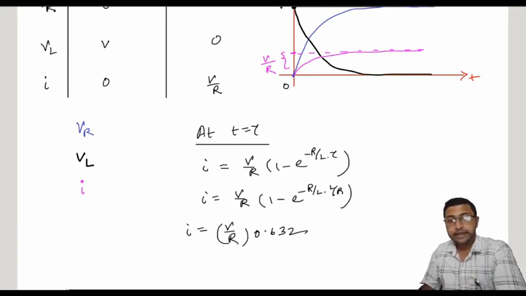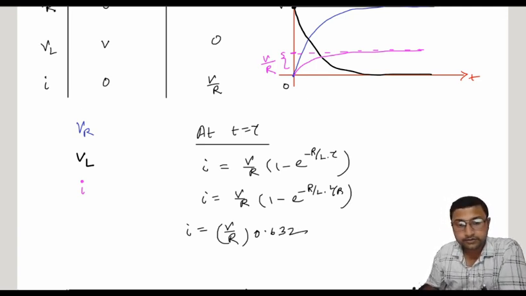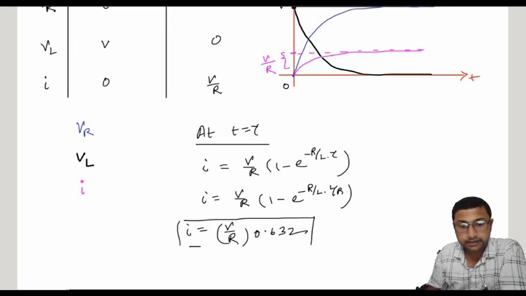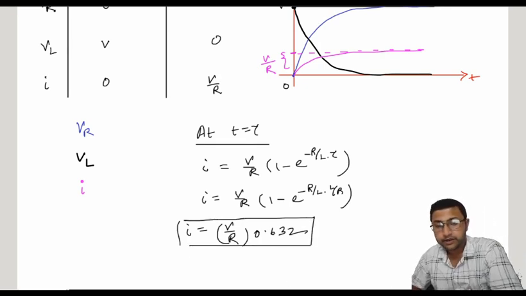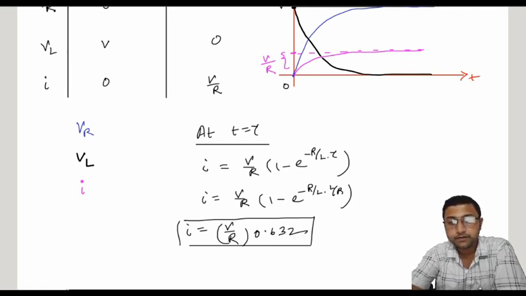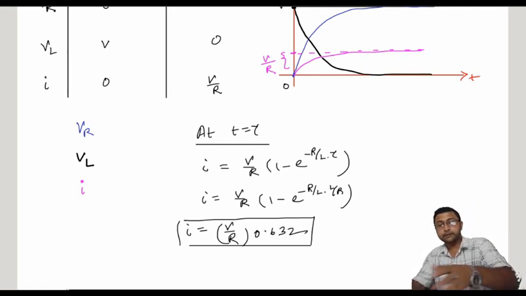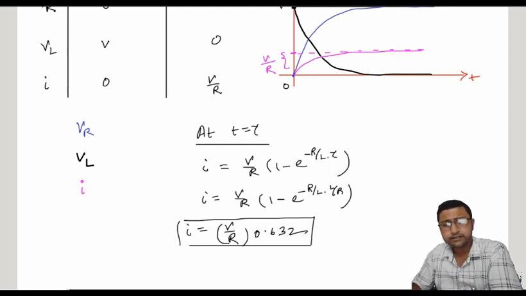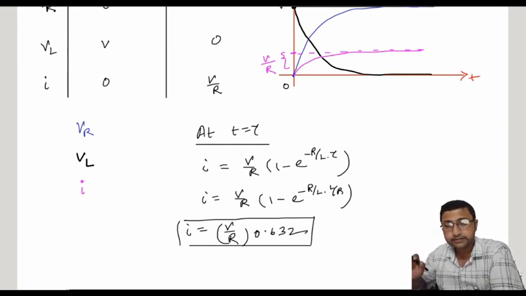That means from that equation we can tell that the time required by the current to reach 63.2% of its steady value is called the time constant. V by R is the steady DC value.